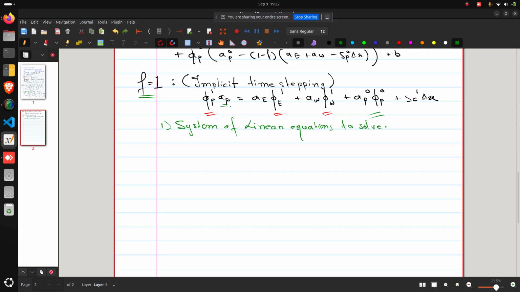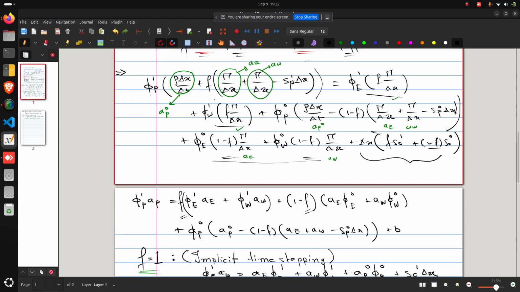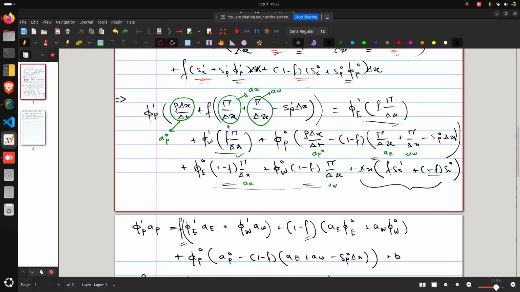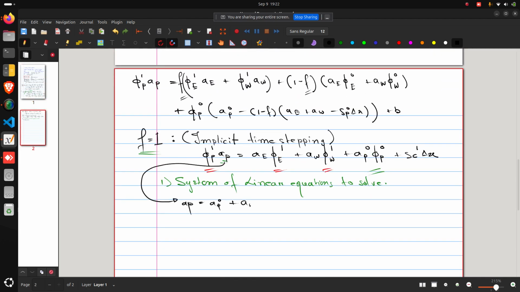And what is the AP here? If you look carefully, where have we defined the AP? The AP in this case is nothing but AP naught plus the summation of the neighboring coefficients, right? So AP naught plus A east plus A west and the source term, right? We will just ignore it for now.